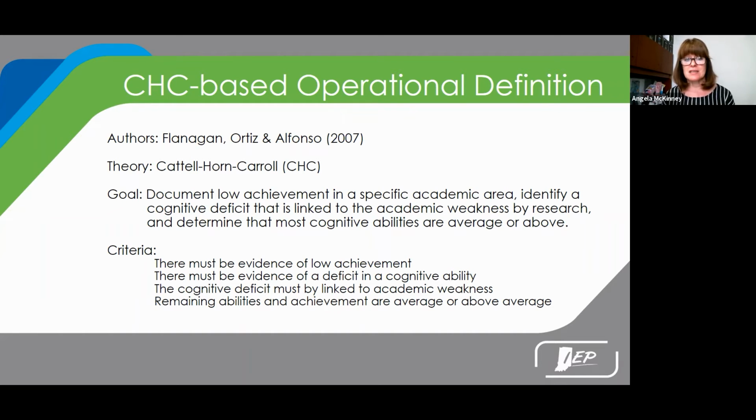And that is using the CHC-based operational definition, which most people refer to as cross battery. The concept of cross battery really has to do with the fact that we're going to use the theory of all of the different processing areas of cognitive abilities.